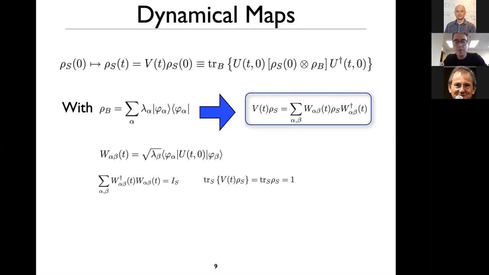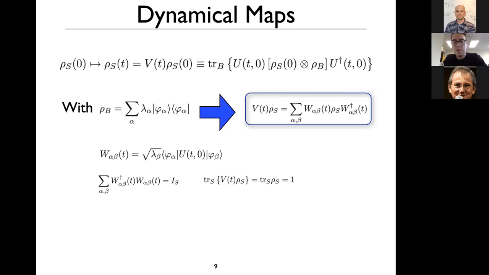These operators W satisfy this sum that I've given: the sum of W alpha beta dagger multiplied by W alpha beta is equal to the identity.